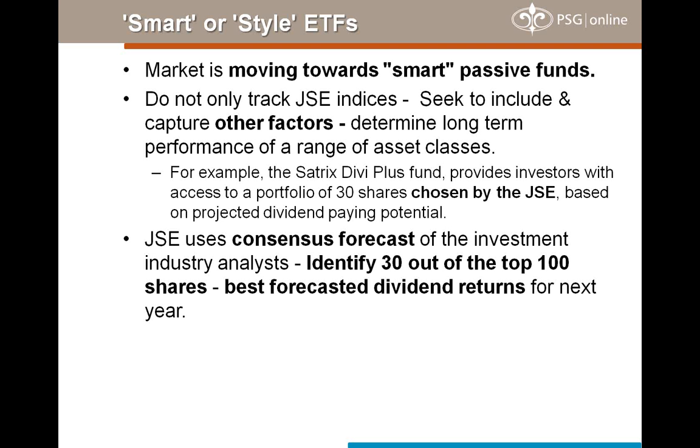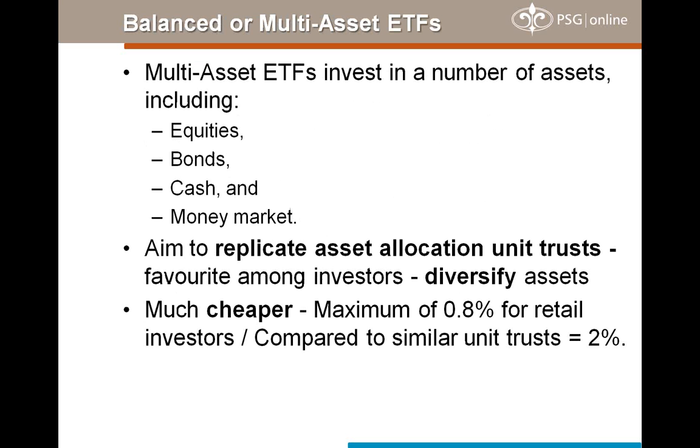They look at the top 100 shares, and now identify the top 30 companies going to be paying out dividends this year with the highest potential. So you're focusing on high dividend yielding shares, but someone else is doing the homework for you. That's what we're talking about when we talk about smart ETFs. And we'll go into some detail just now.